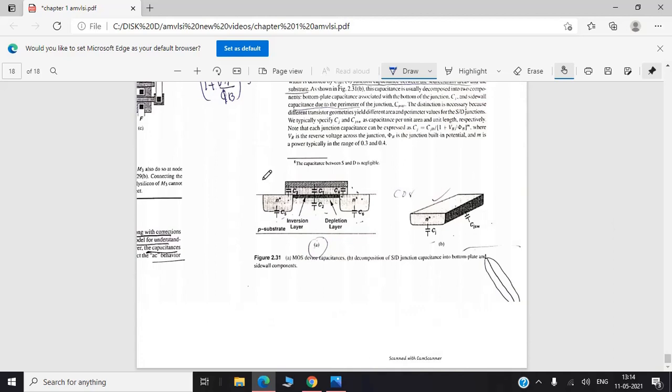You can see this here, in a device it will be in this format. C1 is the capacitance in the gate region. C1, C2, C3, C4, C5 and C6.